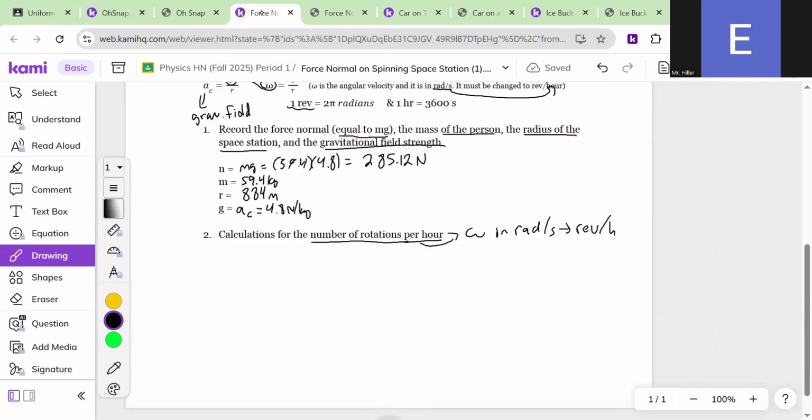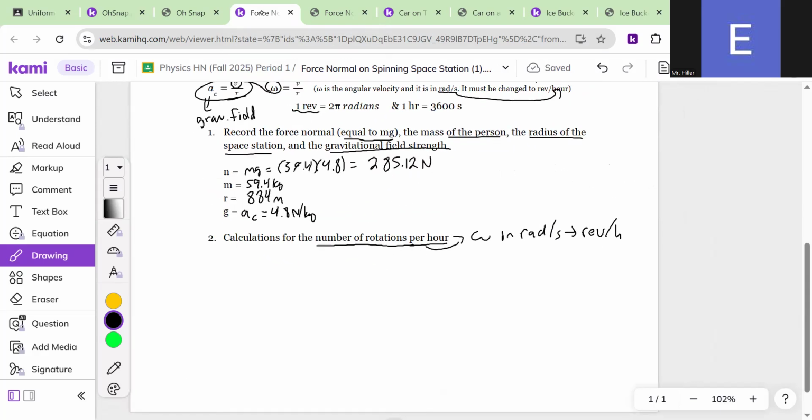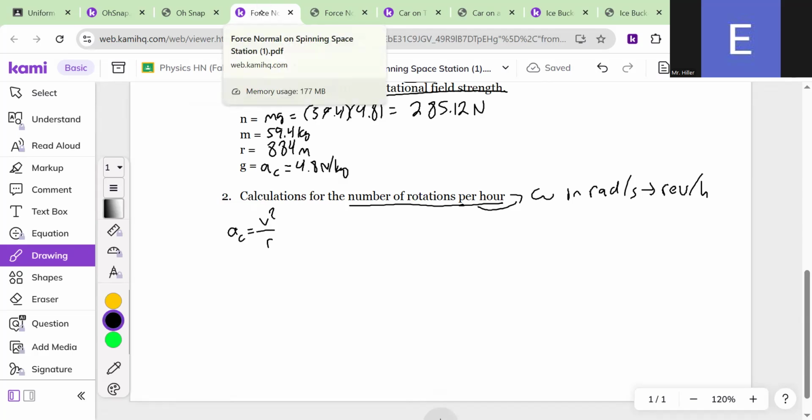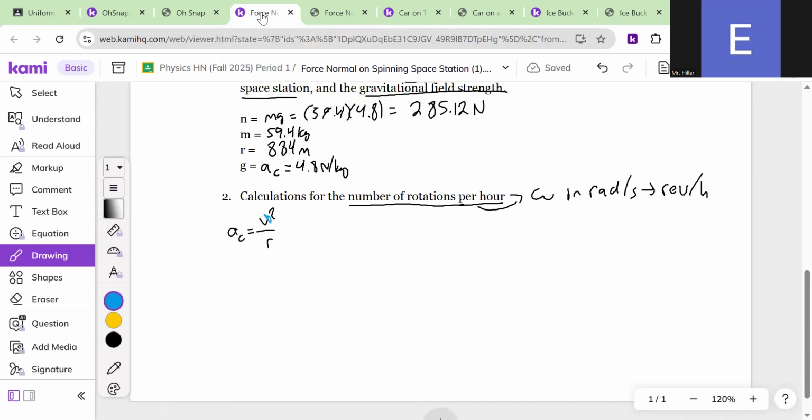So I'm going to take my centripetal acceleration equation, because my centripetal acceleration is my gravitational field strength. It's equal to v squared divided by r, and I want to solve that equation for v. So in order to do that, I'm going to have to multiply by r and then square root. If I do that, v is going to be equal to the square root of r times my centripetal acceleration.